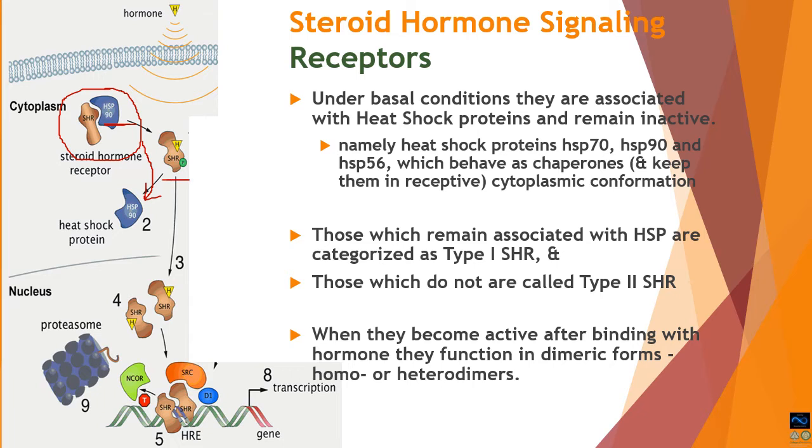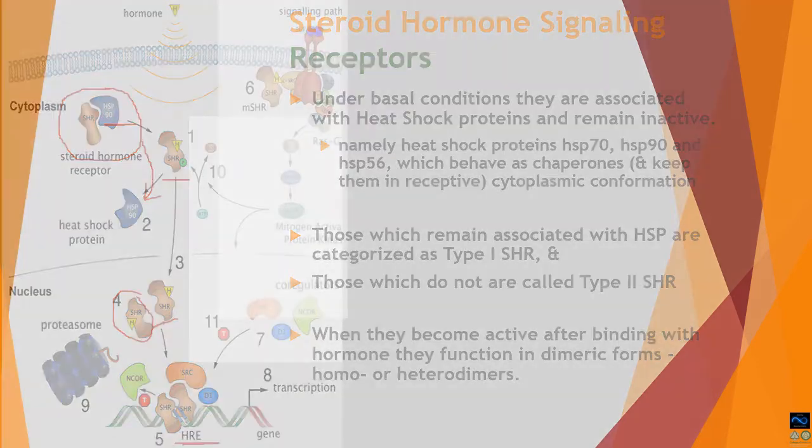This receptor then binds to a second activated receptor to form a dimer, a homodimer or sometimes a heterodimer. These are active and move to the nucleus to bind to specific regions of the gene called hormone response elements to cause transcriptional activity.